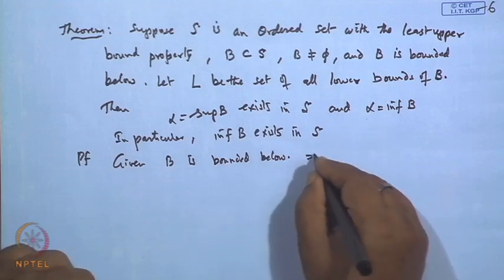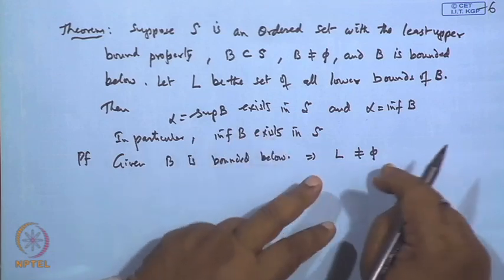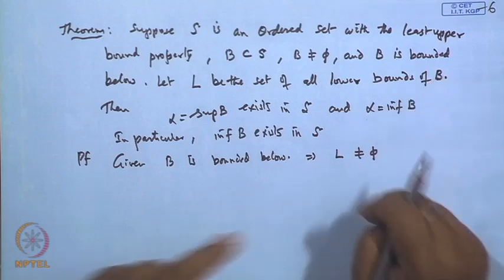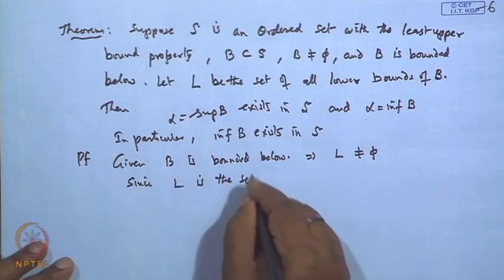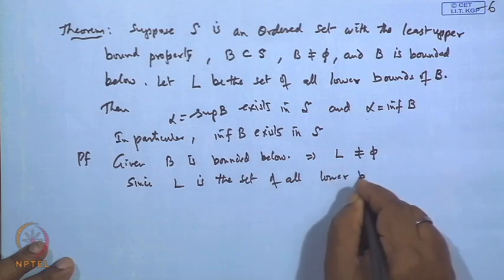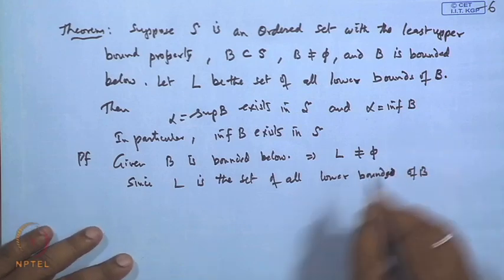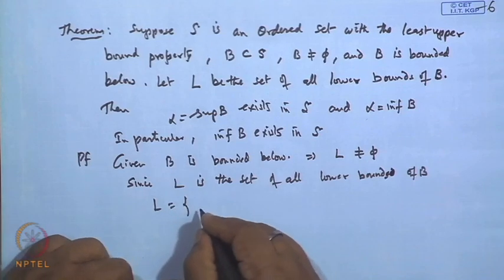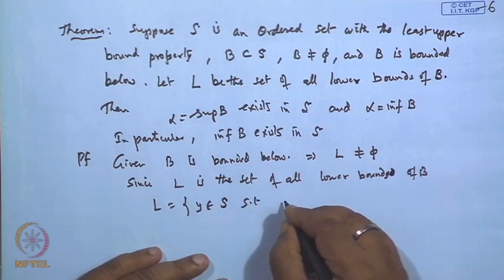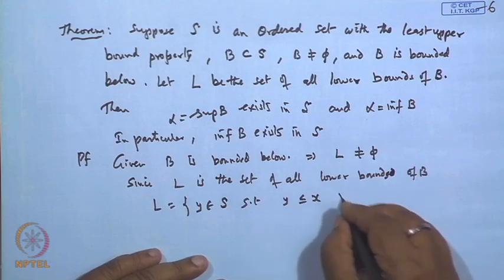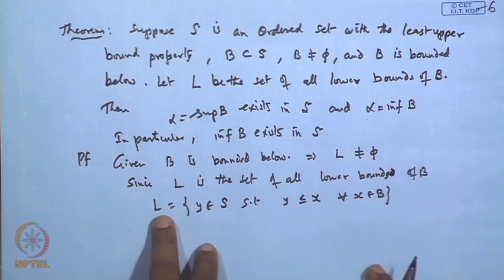Now, L is the set of all lower bounds of B. So, basically L consists of those points y in S such that y is less than or equal to x for every x belongs to B. Because L is the collection of lower bounds.